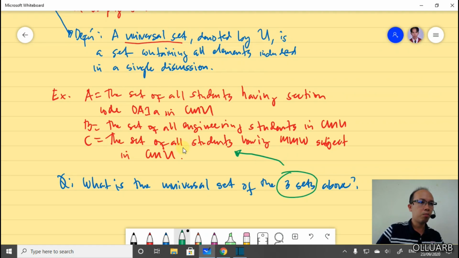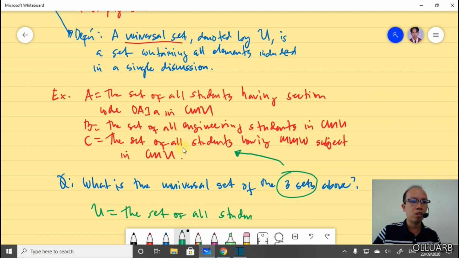So for example, your U here you can write as the set of all students in Central Mindanao University, the set of all students in CMU.